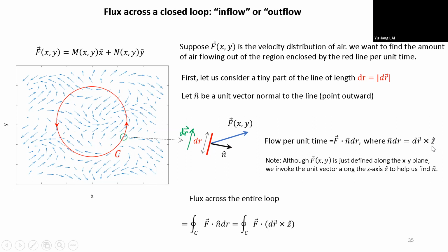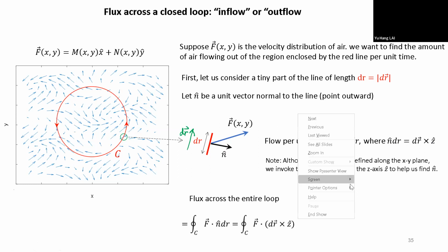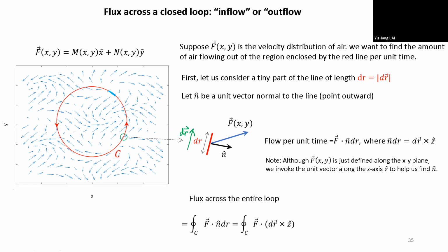So this is the formula for us to find the n hat dr. Other than that, z hat does not have another purpose, it's only for us to find the n hat dr. You can try another segment. Let's say I try this one. This is my dr for this part.